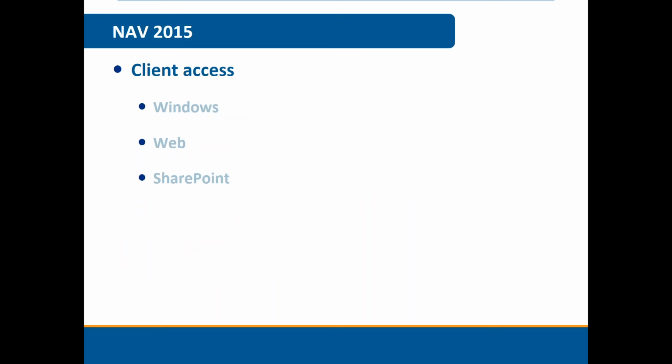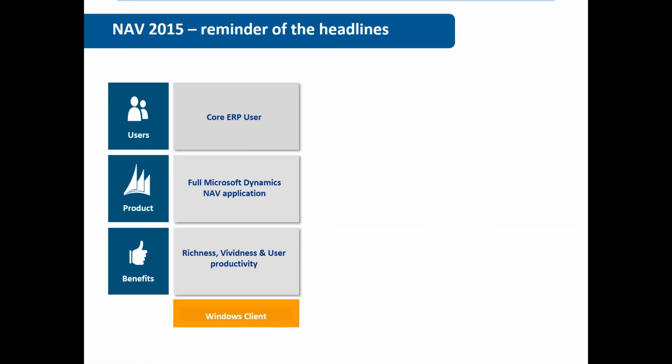Client access then. There were 3 clients available: Windows, Web and SharePoint, and also the license types available changed into full and limited. Now, it would be fair to say that these were available actually from 2013, so I'm covering that as well.